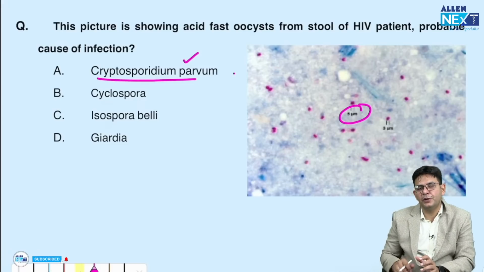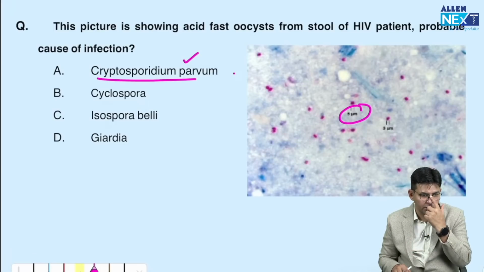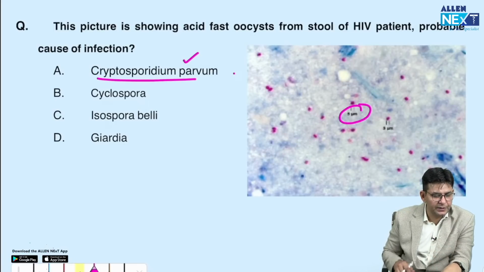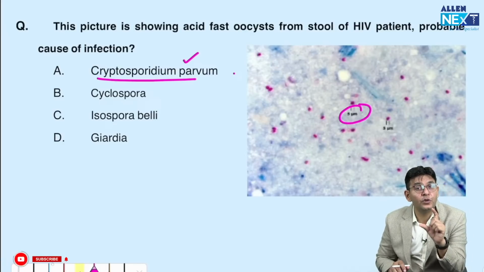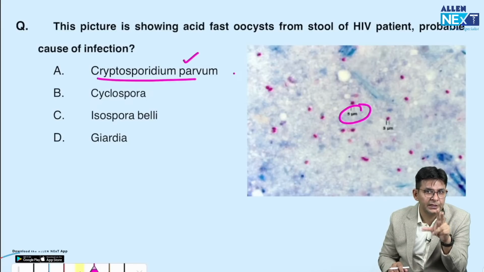The oocyst size is 4 to 6 micron, so that also needs to be remembered. Cryptosporidium parvum has 4 sporozoites in that oocyst, which can also be asked.